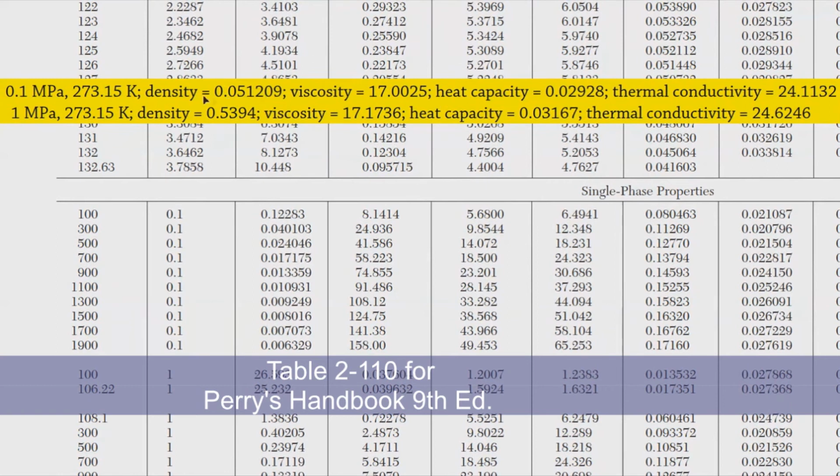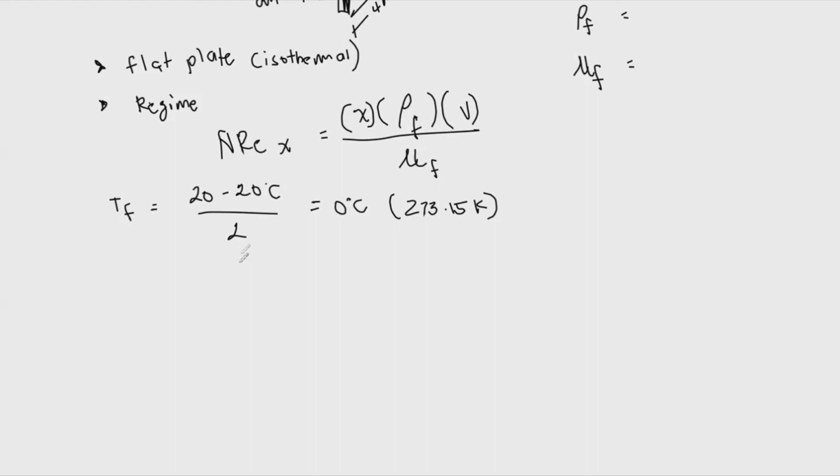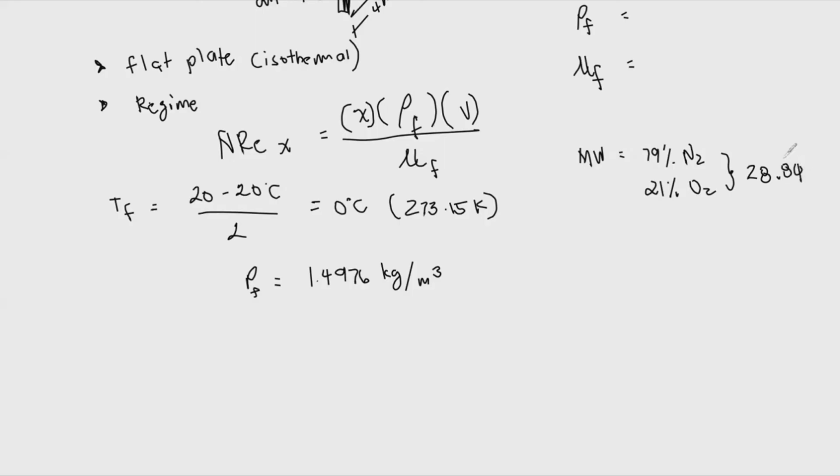we'll be needing the density and viscosity at first, and the density of the fluid will be equal to 1.4976 kilograms per cubic meter. By the way, I used a molecular weight based on 79% nitrogen and 21% oxygen. So this gives me the molecular weight, which is 28.84.